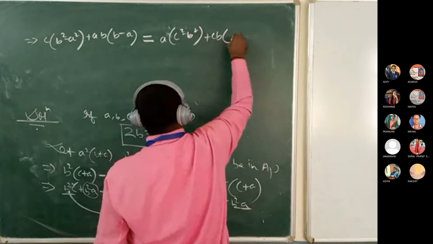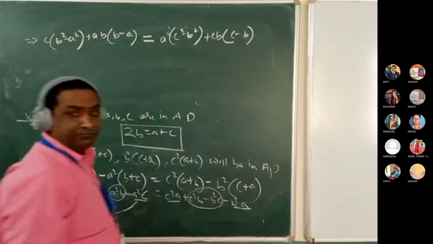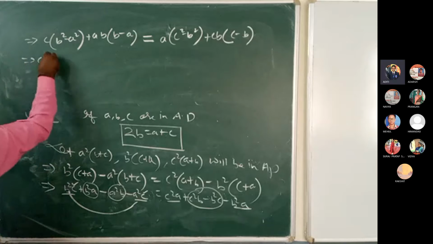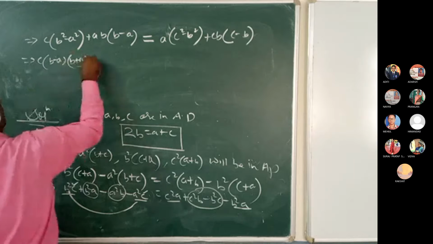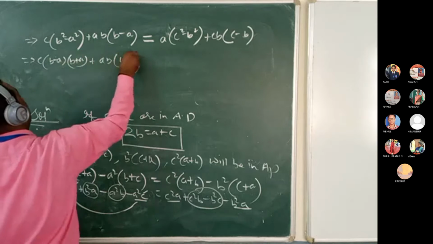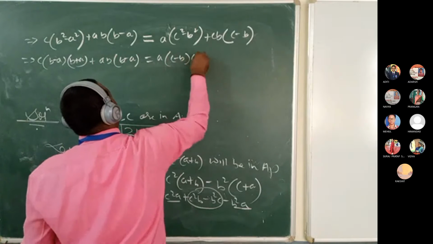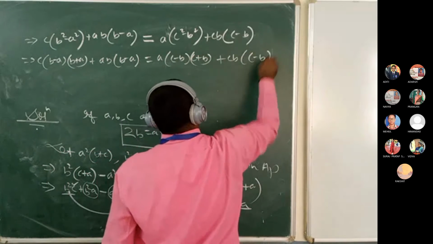And then take CB as common, so we are getting C minus B. Now, we can write B square minus A square as B minus A into B plus A. This is AB into B minus A into C minus B into C plus B, and CB into C minus B.